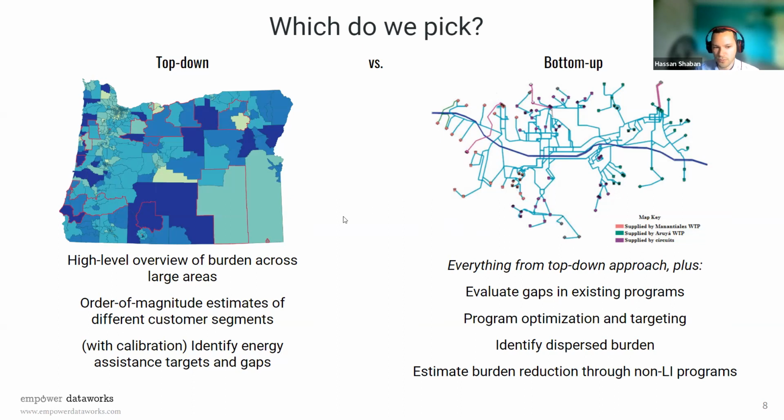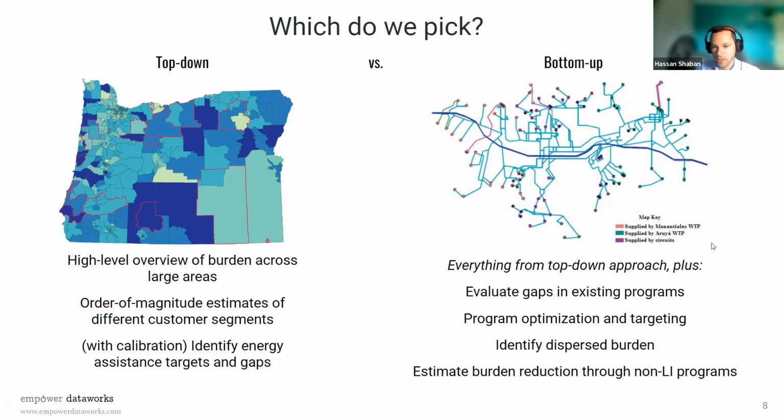So if all you need is a high level overview of energy burden, or some rough estimates of customer counts and such, then I don't recommend doing a bottom-up exercise. With calibration, something like the LEAD tool could identify more accurate energy assistance targets. Without calibration, we ran some tests, and in some counties it can be way off. So I don't recommend just using the raw numbers right away.